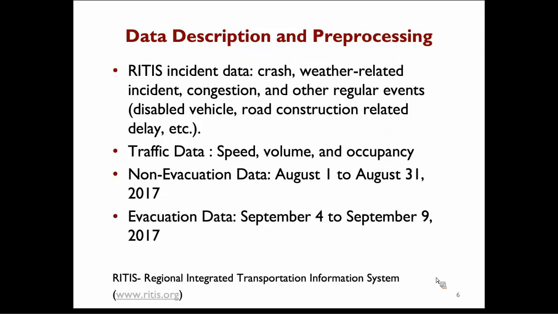Our non-evacuation period includes August 1 to August 31, 2017, and September 4 to September 9 was the evacuation period data. And to give you a background, the landfall of Hurricane Irma was on September 10.